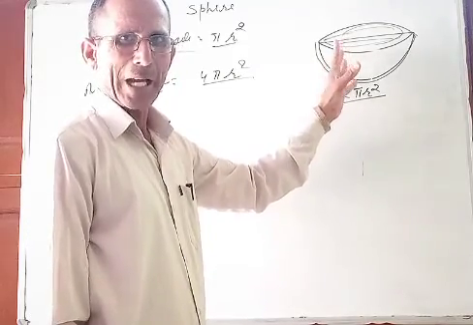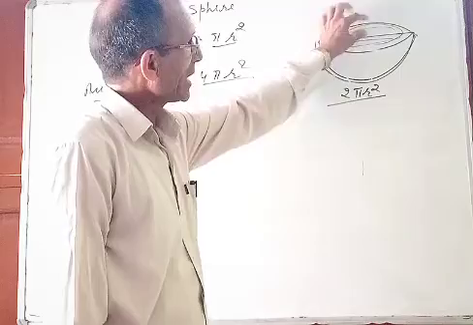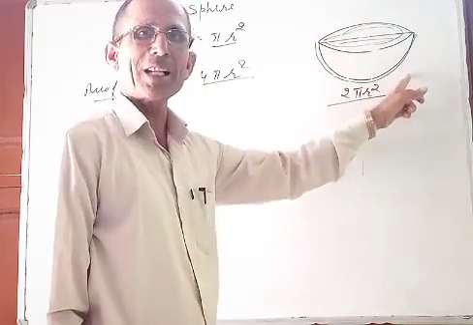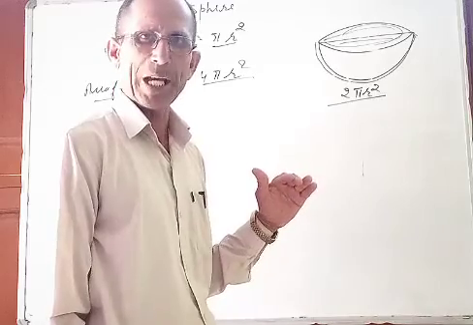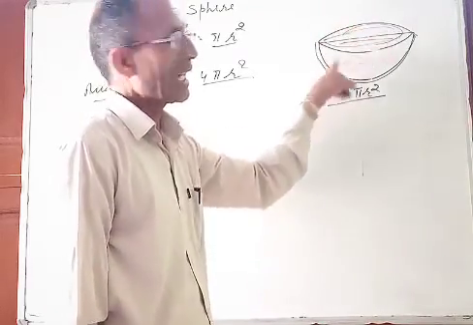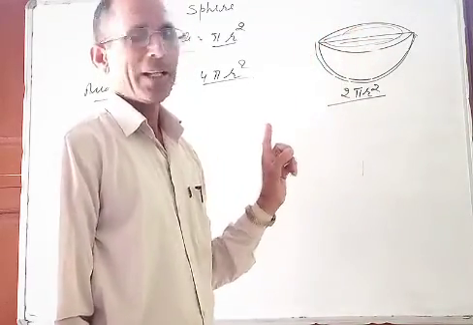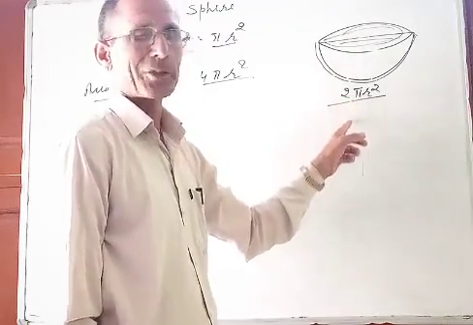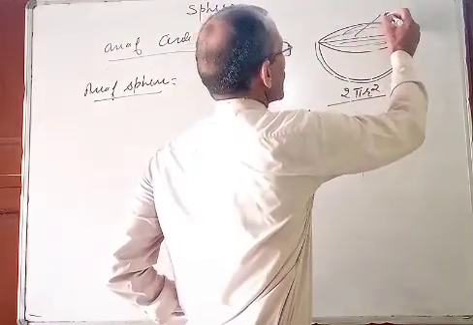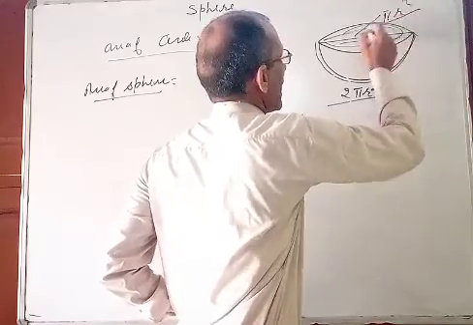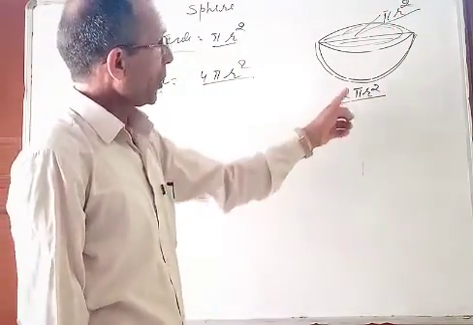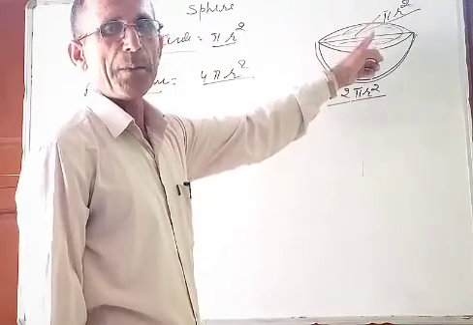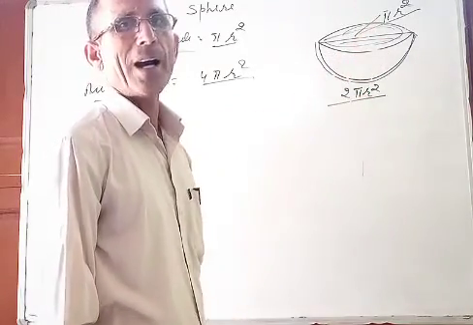After cutting, I got two faces, one circular and one curved. The curved portion is half of the sphere. The total surface area of a sphere was 4 pi r square, and this is half, so 2 pi r square. And this is a circle, so the area of this portion is pi r square, because the area of a circle is pi r square. So the total area of a hemisphere is 3 pi r square.